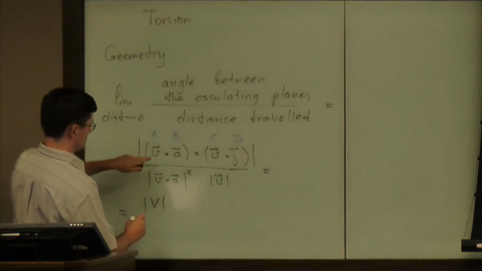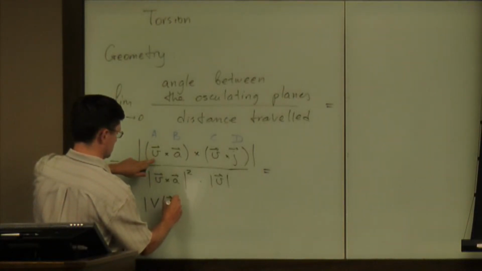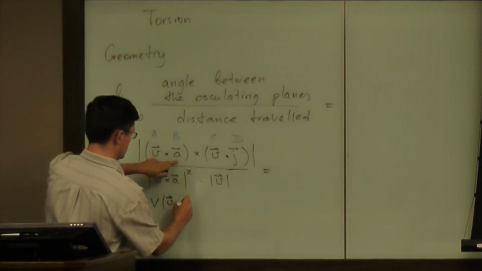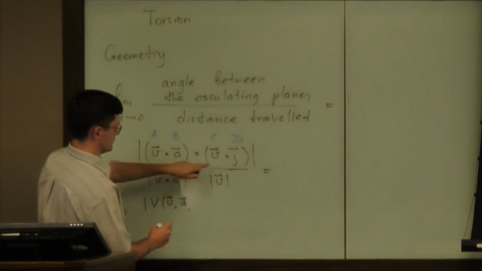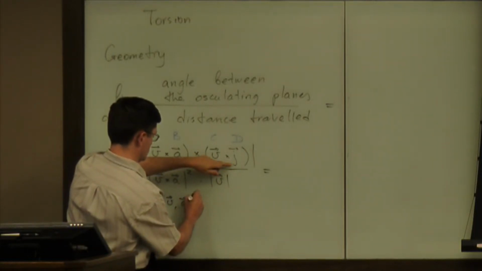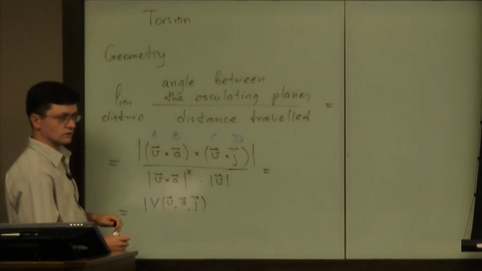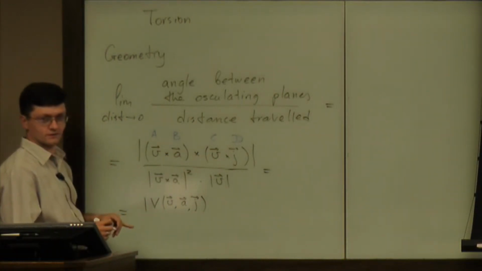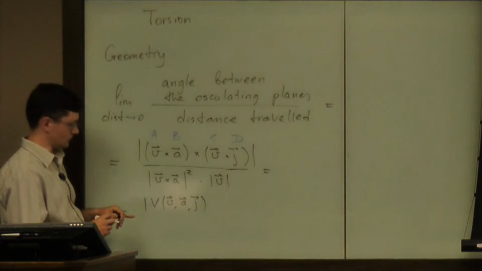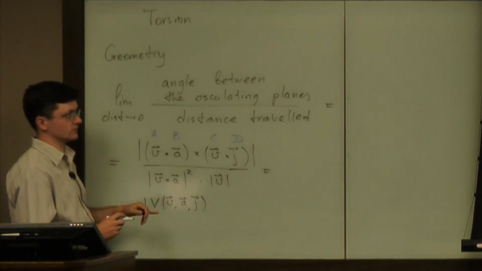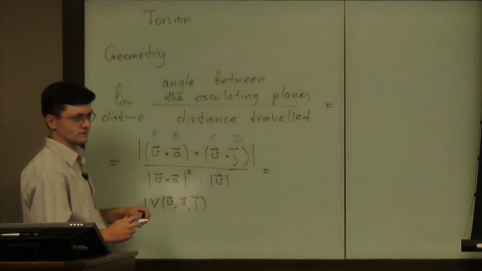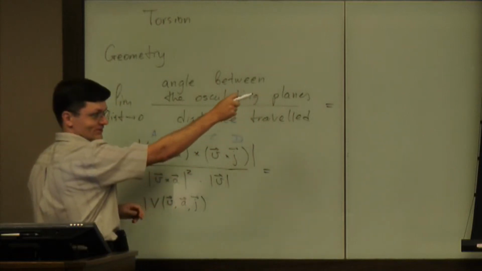Volume on V and A and J. Isn't that good? Volume on velocity, acceleration, and jerk. It's hidden from you, but it's there.